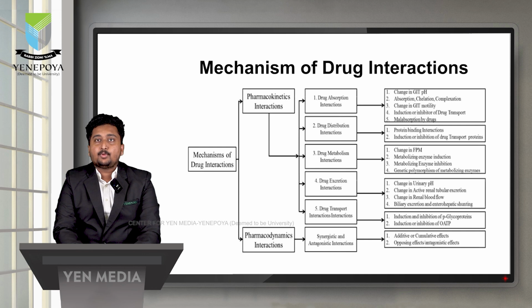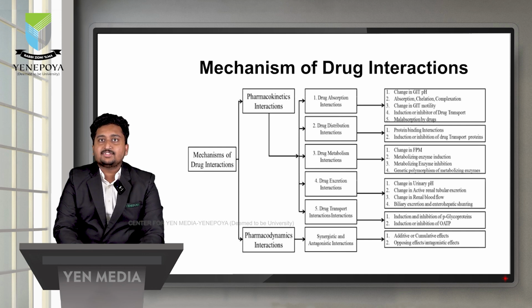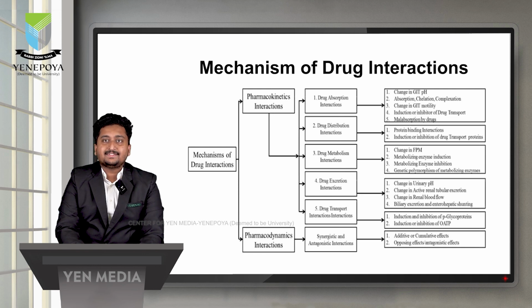The first one is very important, which is protein binding interactions, and the second is induction or inhibition of drug transport proteins. And third, we have drug metabolism interactions, which include change in FPM, which is first pass metabolism, metabolizing enzyme induction, metabolizing enzyme inhibition, and finally genetic polymorphism of metabolizing enzymes. We are going to talk about all these in detail with examples in the next slides.